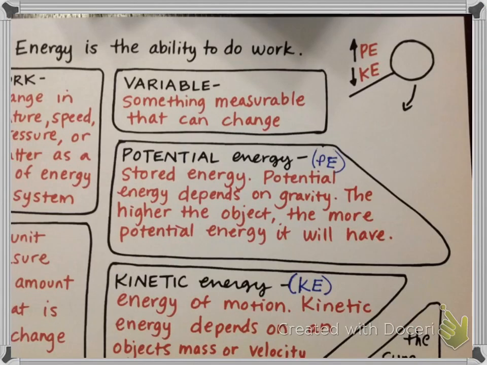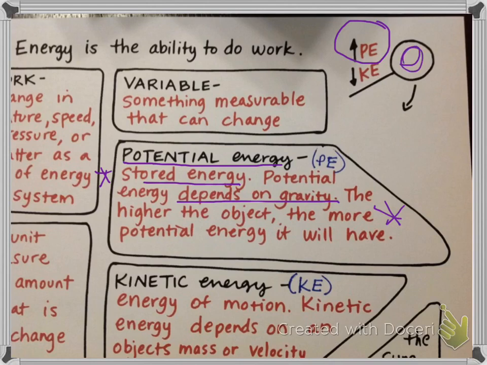So again here, potential energy. You can continue to fill in and see all of the words. Again, super important. It is stored energy, depends on gravity. The higher the object, the more potential energy it will have. And up here we have our drawing showing that the higher this object, this ball is, the more potential energy it has.